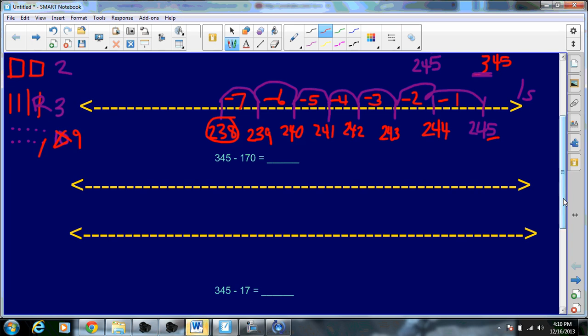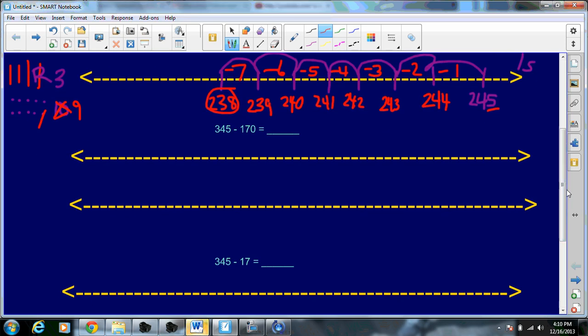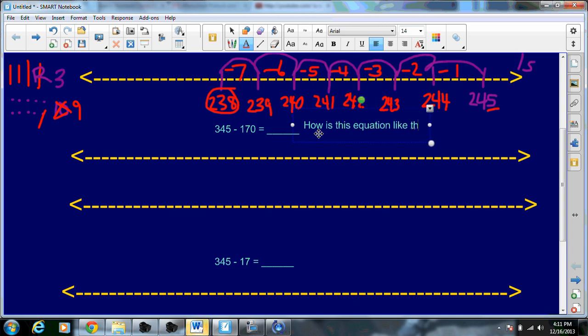So when I look at 345 minus 170, it's the same digits as were up in this number. But using what I know about place value, it's not going to be the same answer. And so, of course, one of my questions is, and I want you to do some thinking, how is this equation like the first one?